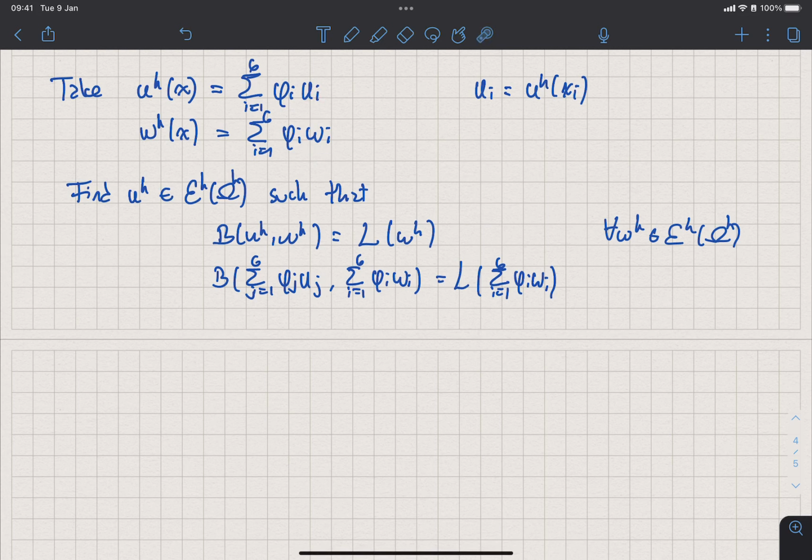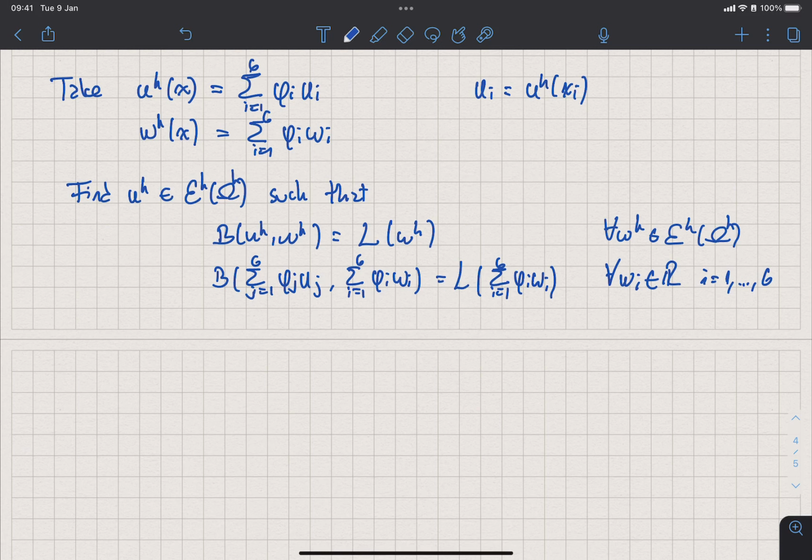So this statement that I have here, for all w_h in that subspace, just because we already know the shape function, translates to for all w_i, of course, that is a coefficient, right? And i is equal to 1 to 6.